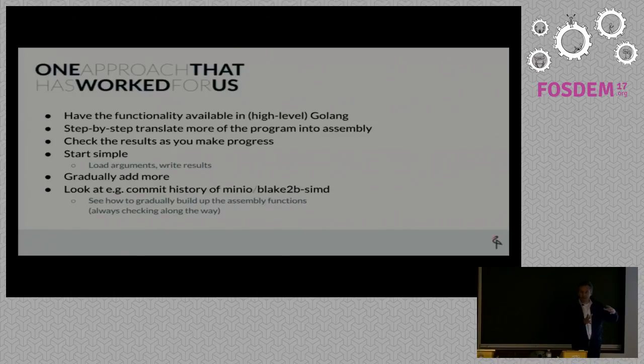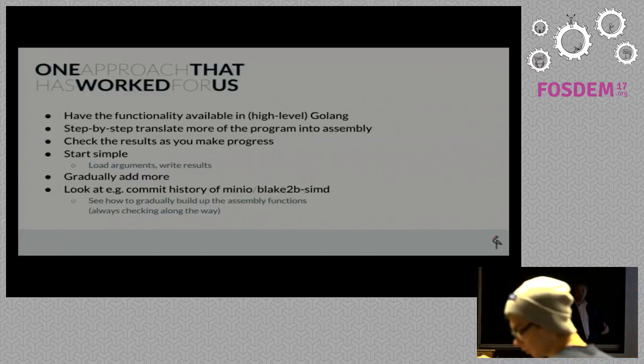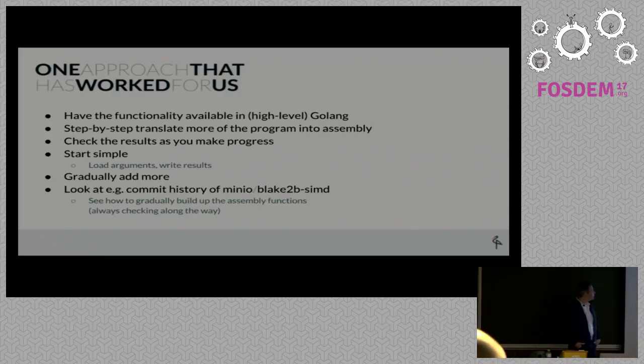So you comment out most of the Go code in your routine or class or whatever. And then you start to translate small bits and pieces into assembly, maybe initially starting just with passing in the arguments and writing back some results, making sure that all works.